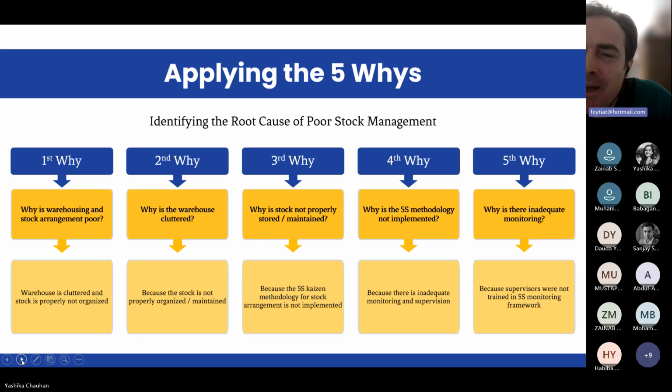How do you feel about it? Are you satisfied by the methodology? Did you find it very hard? I said, what do you feel about these 5 whys on the symptom of poor warehousing?